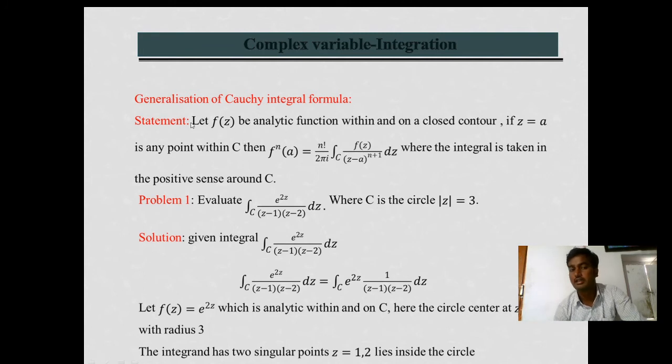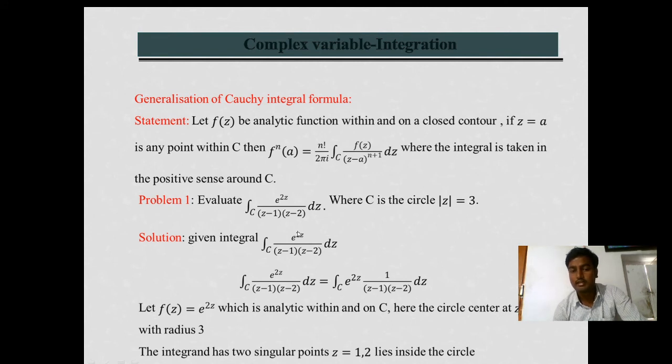See the theorem: f of z is an analytic function within and on a closed contour, and if z equal to a is any point within C, then f n of a is n factorial by 2 pi i times the integral of f of z by (z minus a) whole power n plus 1 dz, where the integral is taken in the positive sense around C.